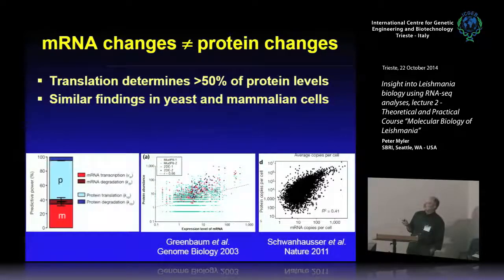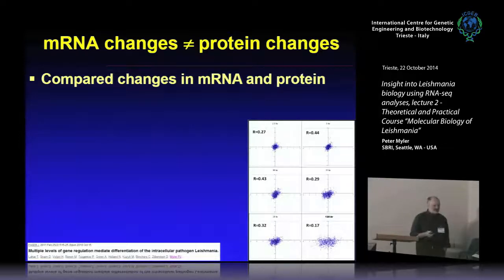So we did the same thing in Leishmania using the data that I had previously shown you, and you can see that the correlation between the change in the RNA level, which is on this axis, I think, and the change in the protein level on that axis is really pretty bad. It's moderate. This is 2.5, 5, 10, 15, 24, and 120.